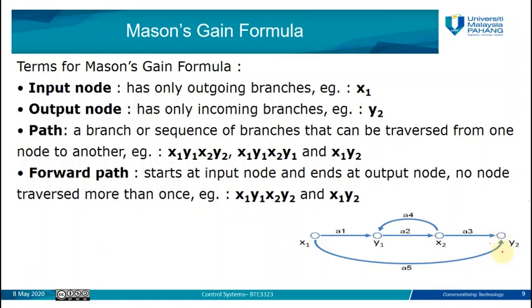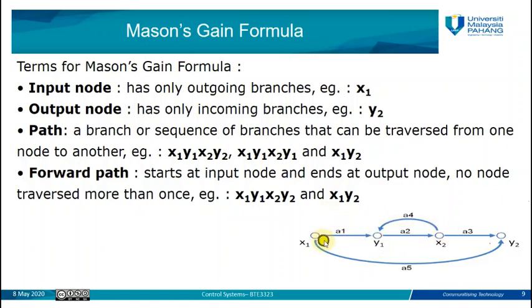A path is a sequence of branches that can transfer from one node to another node. So if we have two nodes, between them there is a path which connects these two nodes, either directly or indirectly through some intermediate nodes. Now the forward path. As we mentioned, we have three paths, but not all are forward, because the second path, X1, Y1, X2, then again to Y1, is not a forward path because it has a backward.